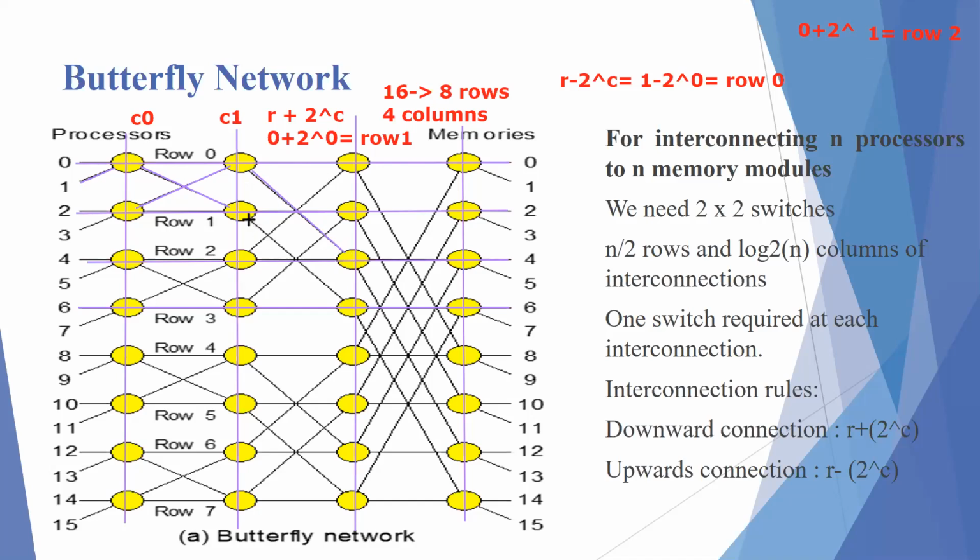So this one is again row 1 and column 1. So this will be row 1 is 1 plus 2 raised to the power 1, so it makes row 3. And similarly here, this is row 3 minus 2 raised to the power 1, so 3 minus 2 makes row 1.